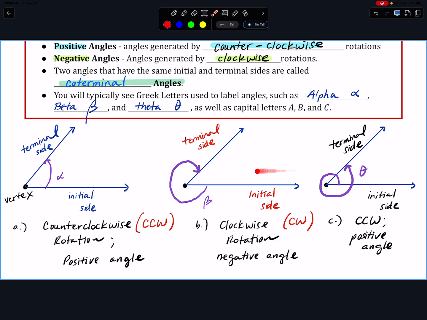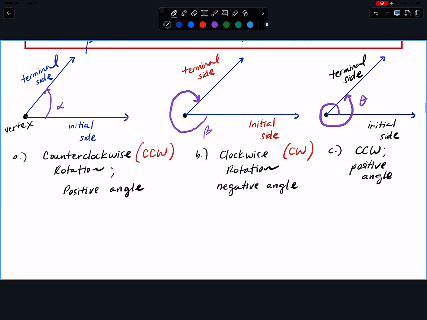These are all different angles, but they all landed and started in the same places, okay? So this would be an example that alpha, beta, and theta are called coterminal angles.